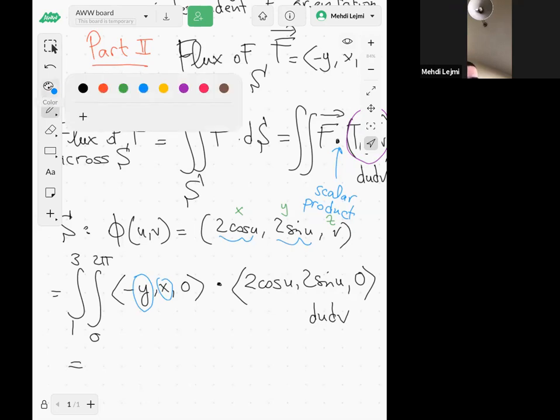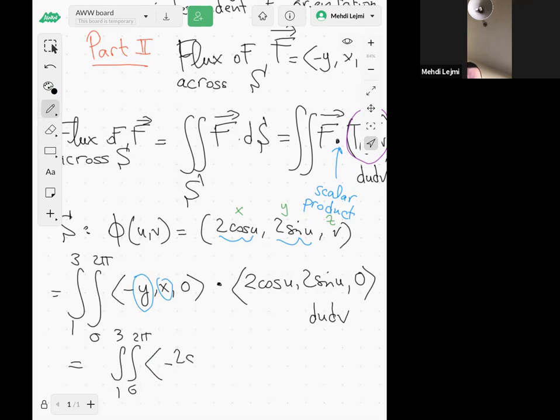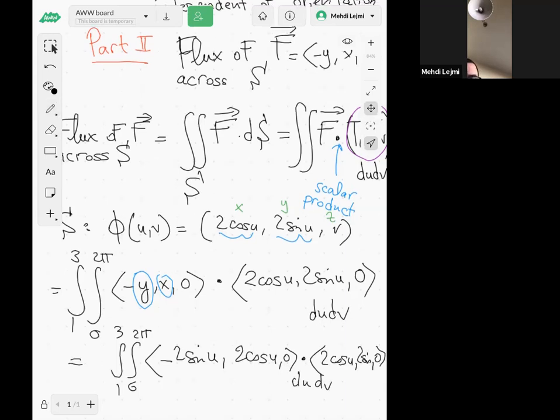So it's actually this double integral from 1 to 3, 0 to 2 pi. This is minus 2 sine of u, x is 2 cosine of u, 0. It's a scalar product with 2 cosine of u, 2 sine of u, and then 0, du dv. All right, so let's see.